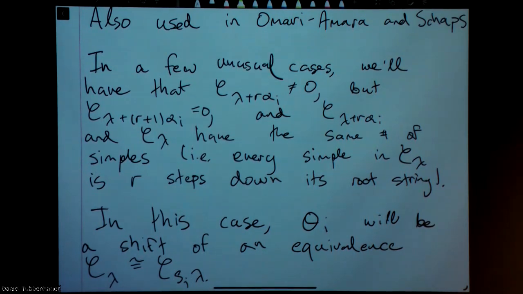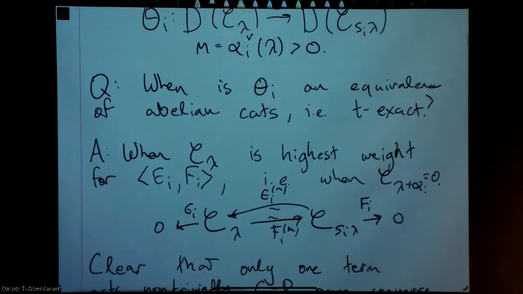All right. So, do you get these theta I from breaking the SL2 structure? There's nothing I am saying here that is special about the symmetric group. This is all just a statement about having SL2 categorification. When is theta I equivalent to a shift of an equivalence? No, it's just for any SL2 categorification.